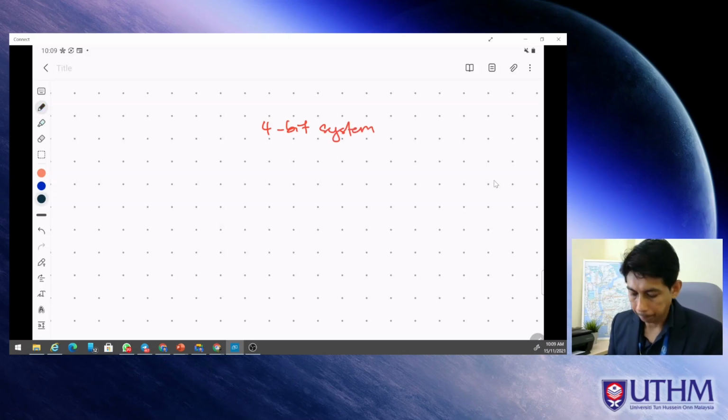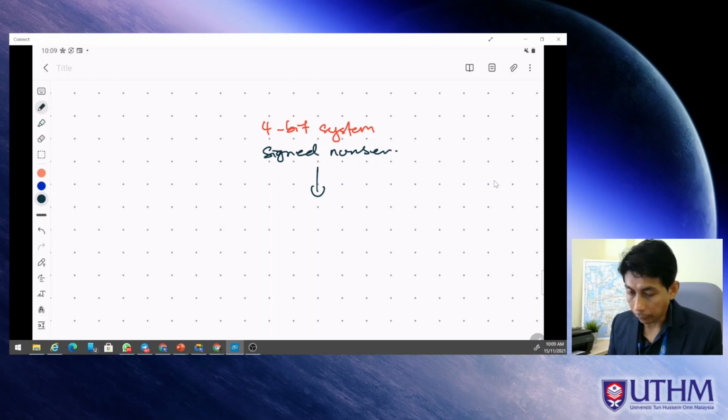and if we use the signed number, okay, so the result will be from what value to what value?